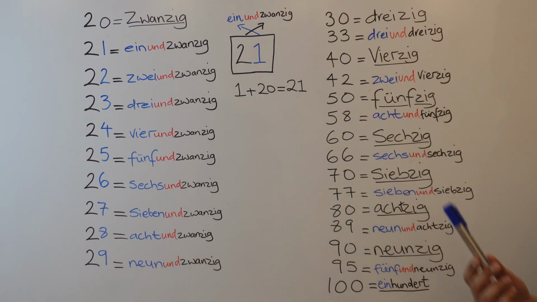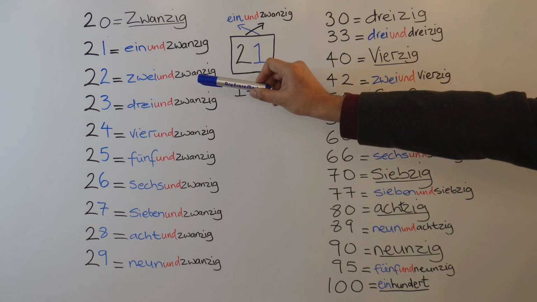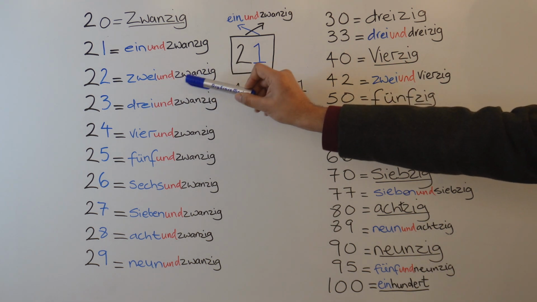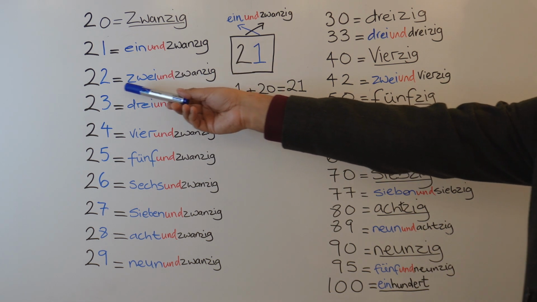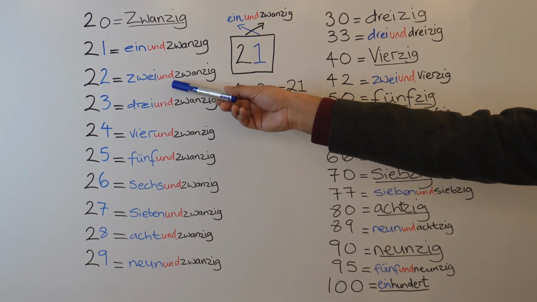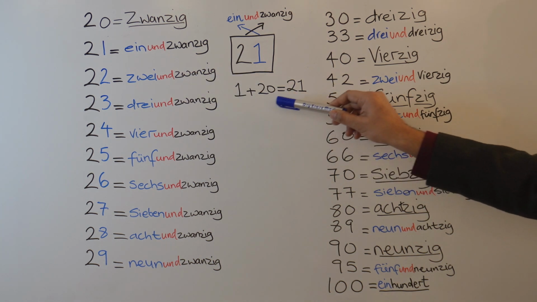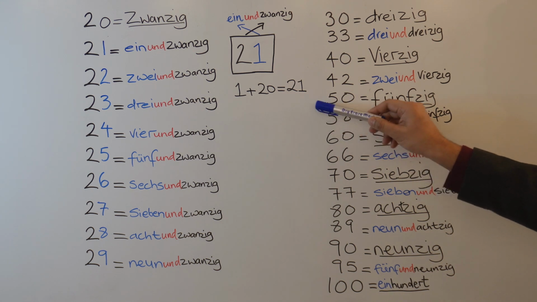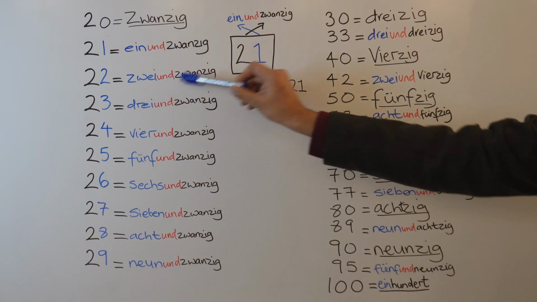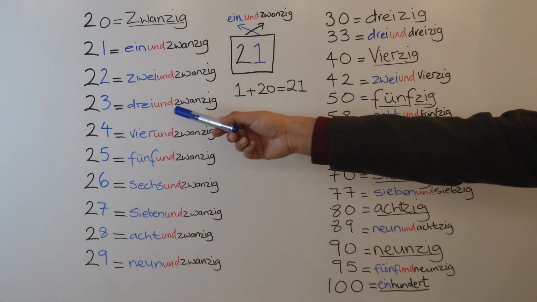So using the same principle, we will pronounce the next number, that is 22. So as you can see, this 2 is the second one in this number. And then you add the and then 20. Just like 2 and 20 becomes 22. The next one is 23.